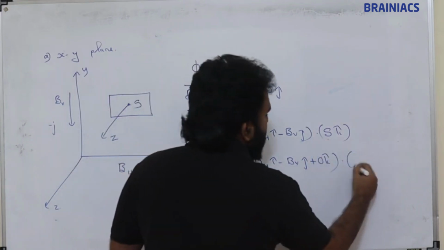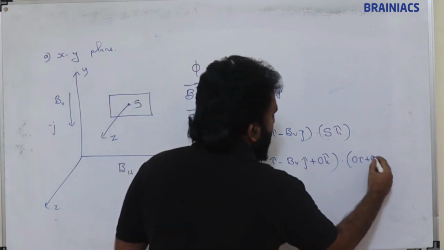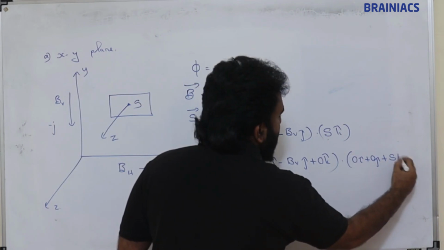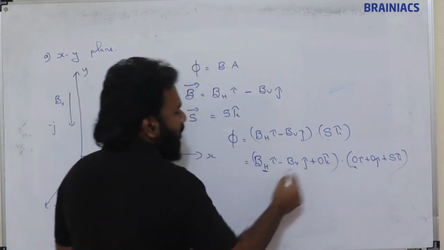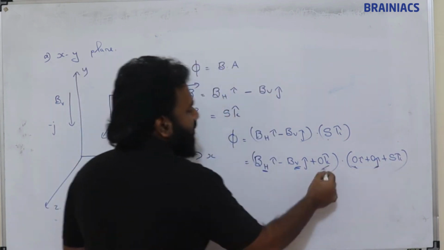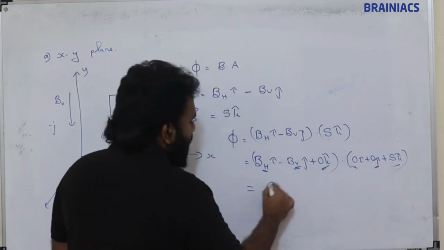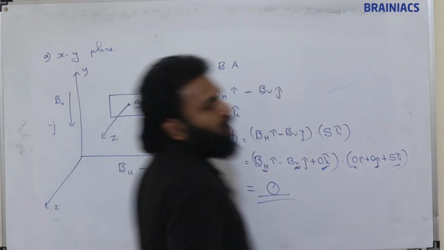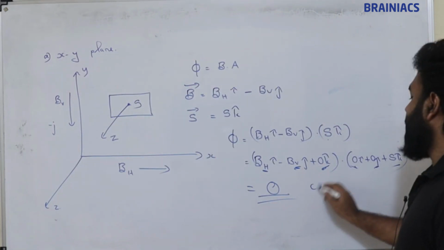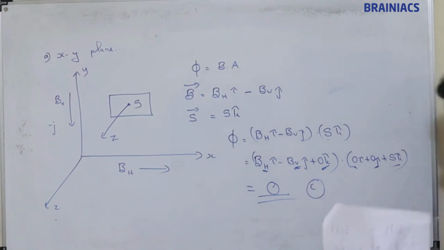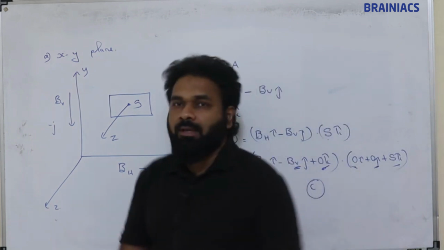Here this is like 0 i plus 0 j plus S k. When you do the dot product, this gives 0, this gives 0, and this also gives 0. So magnetic flux will be 0. Option C. Clear?